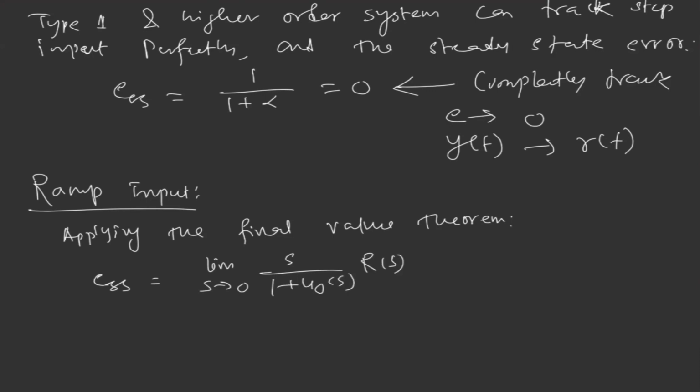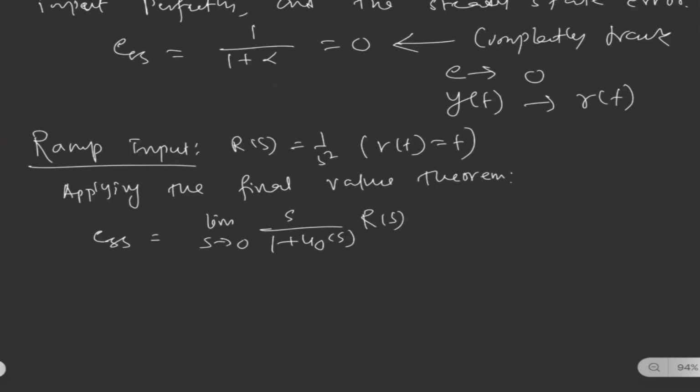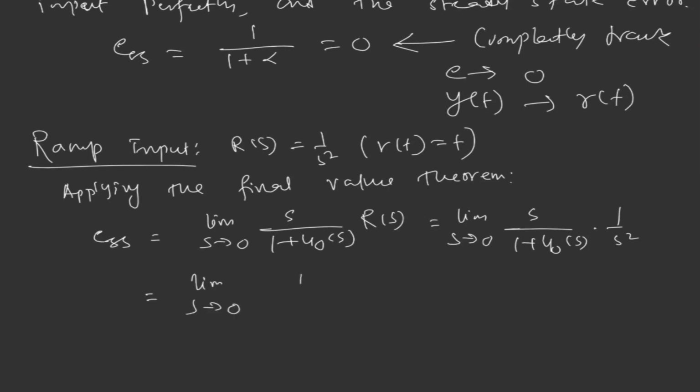And if you substitute for the ramp input, R of s is 1 upon s square, where r(t) equals t. This is the ramp input. Substituting here, limit s tends to 0, s by 1 plus g naught s into 1 upon s square. So you'll get limit s tends to 0, 1 upon s plus s g naught s.